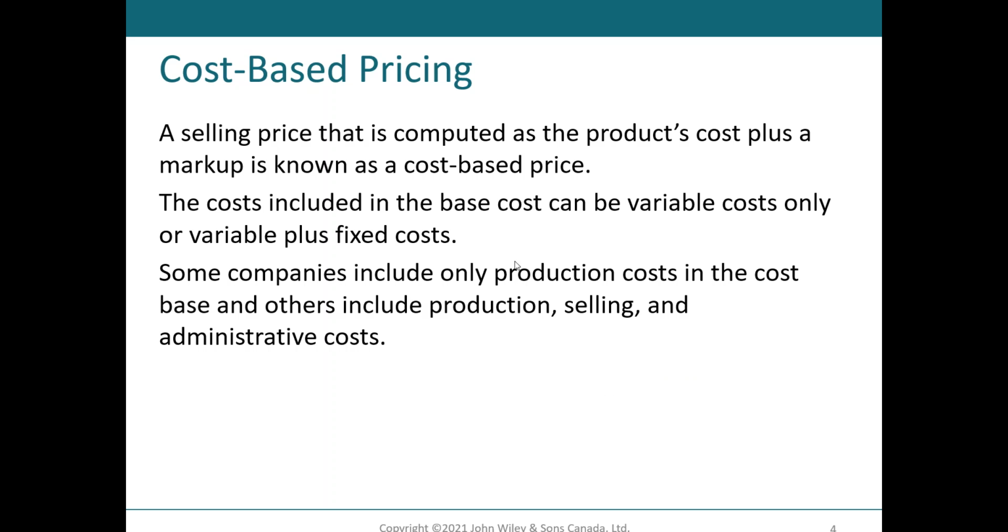So in that case, the markup may be lower because it's only capturing the target profit that they want to get out of the company's revenue. So either approach is acceptable. The company can use any of these methods and determine what the markup is, and that dictates what price will be charged for the product.